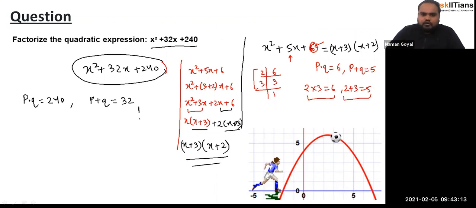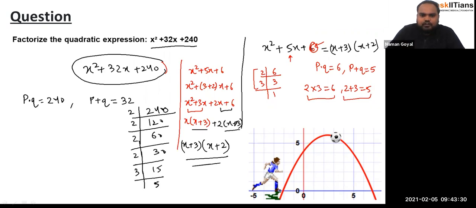So what we have to do is prime factorize 240. It is divisible by 2, it gives 120; again by 2, 60; 2, 30; 2, 15; 3, 5; and 5.